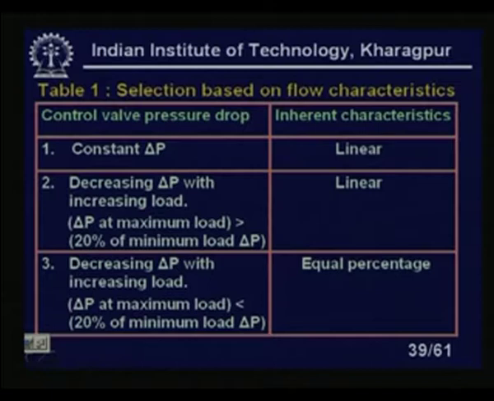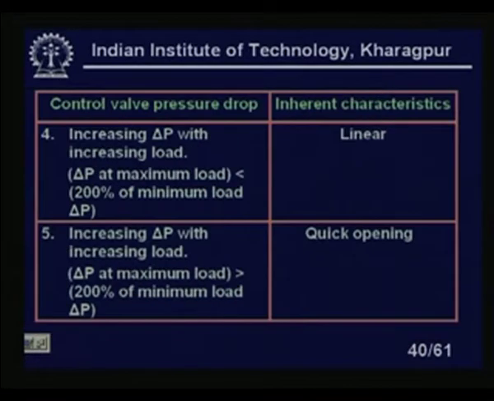Constant delta P, linear. Decreasing delta P with increasing load, linear, we will use a linear control valve. Delta P at maximum load, decreasing delta P with increasing load, equal percentage. Increasing delta P with increasing load, delta P at maximum load 200% of the minimum load, linear. Increasing delta P with increasing load, it is quick opening.